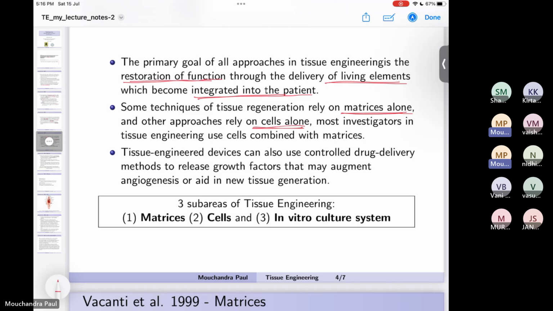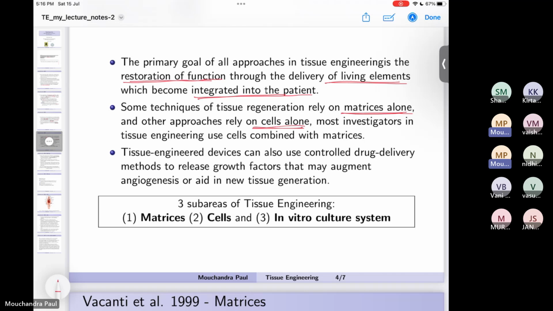The surrounding encapsulation material doesn't play a very significant biological role, but to protect the cell, only that much it is doing. It is not directing any cellular function. But in matrices, people design a matrix in such a way that it promotes cell adhesion of the surrounding neighboring tissue, or they release some kind of drug.